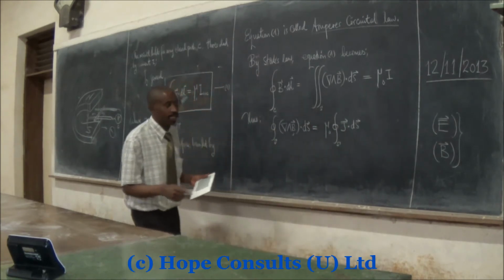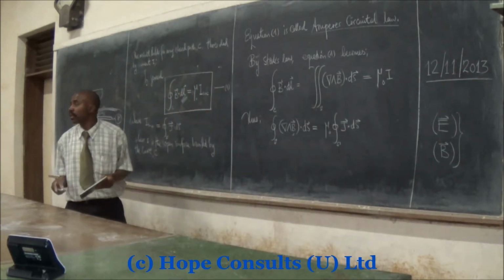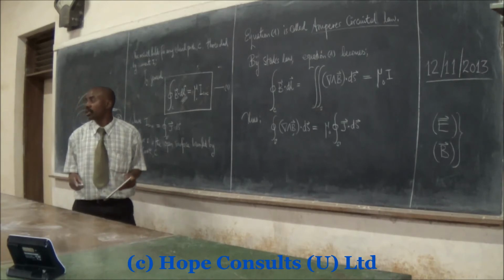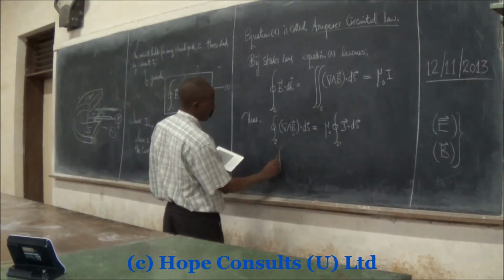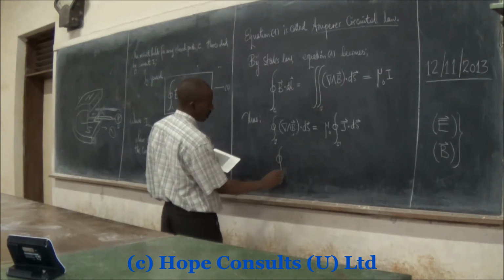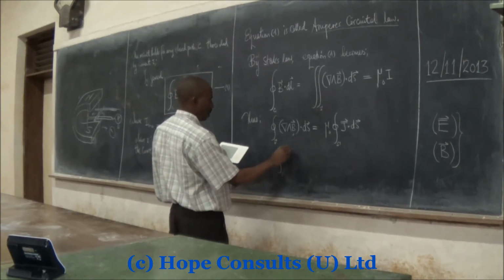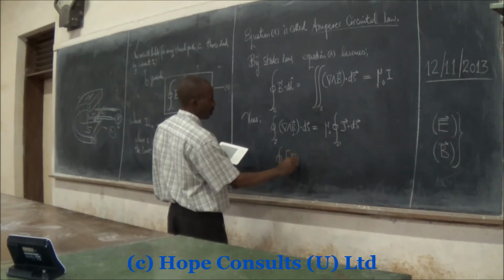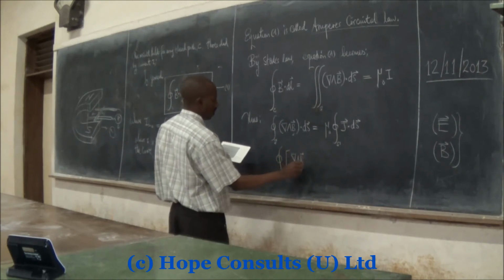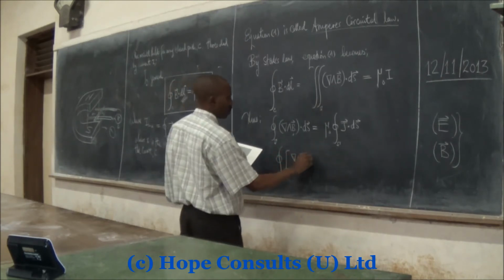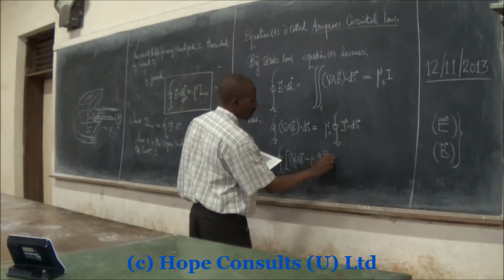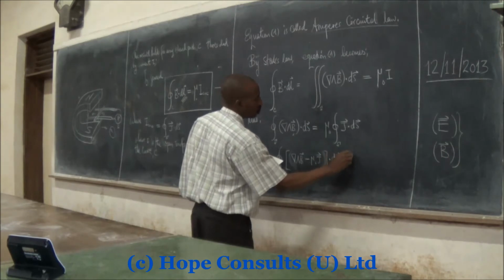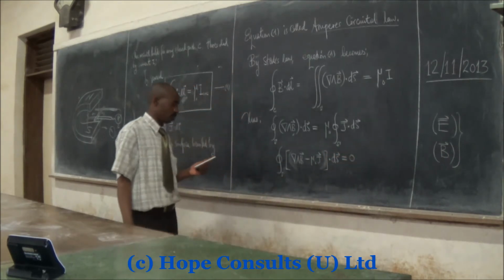If we collect like terms, since they are all integrated over the surface, we get the integral over the surface S of the curl of B minus mu naught J, dotted with ds, equals 0.